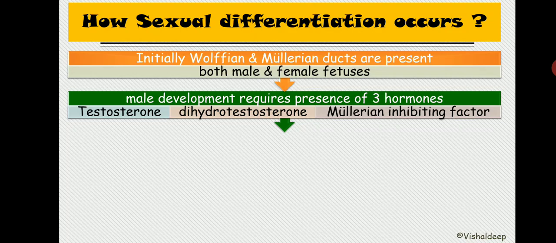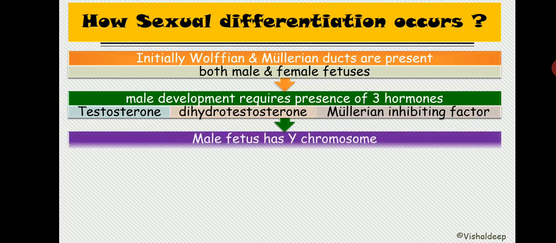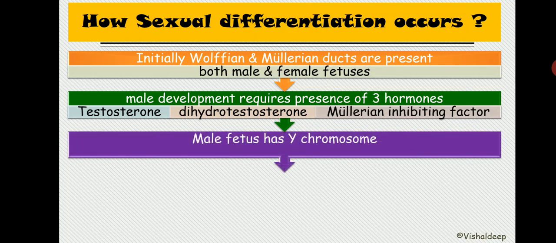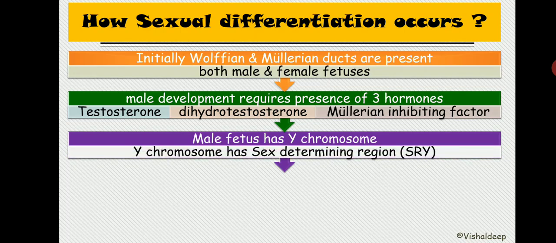Now how will this male development take place? What triggers the male development? That triggering factor is that the male fetus has a Y chromosome, right? That Y chromosome is absent in the female fetus, obviously. Inside this Y chromosome there is a very specific region located in the short arm.